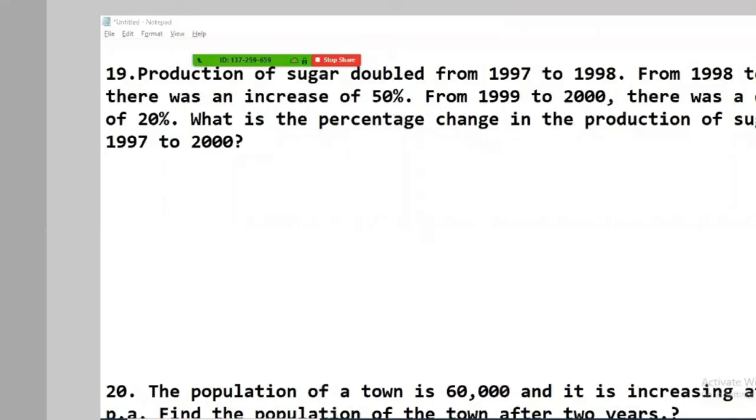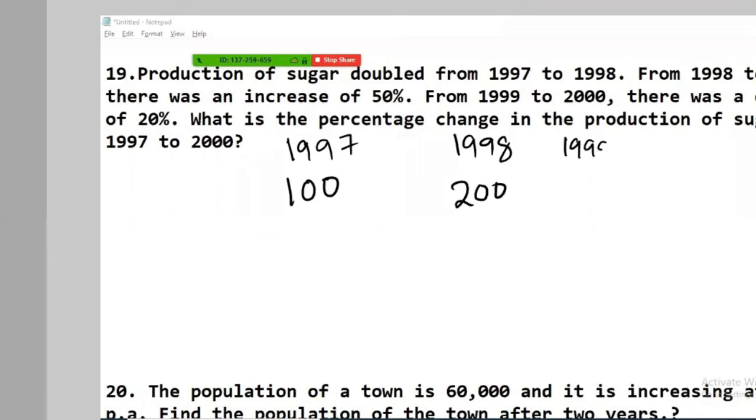Production of sugar doubled from 1997 to 1998. Let's take initially 100 in 1997. What happened in 1998? Doubled. Doubled means 200. From this to 1999, there was an increase of 50%. So 50% of 200 is 100. So total is 300.